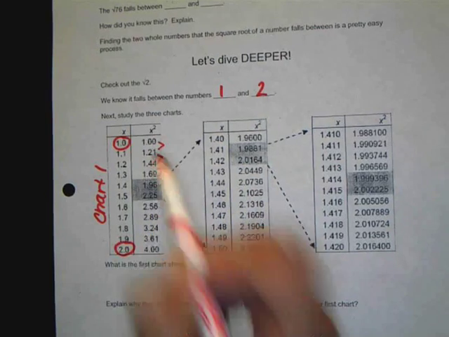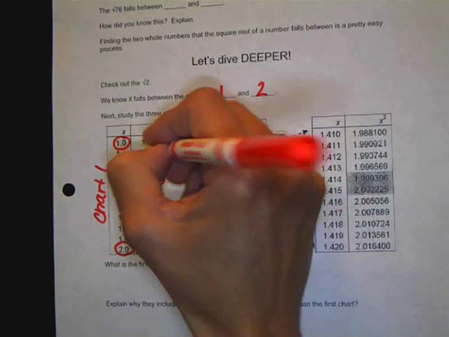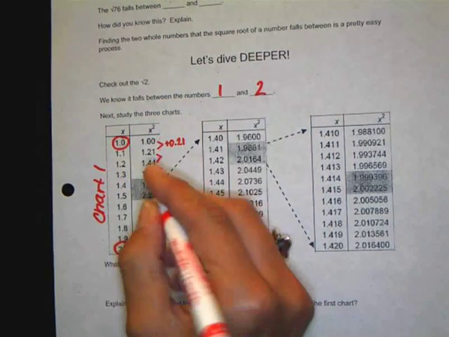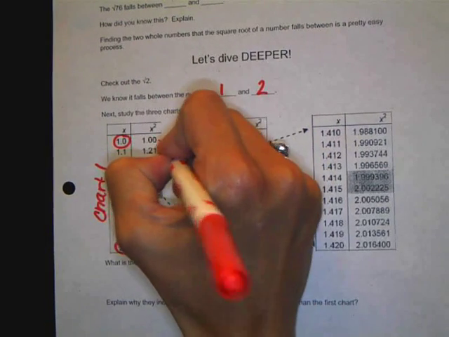Between 1 and 1.21, what's the difference? 0.21. So we're adding 0.21. Between 1.21 and 1.44, what's the pattern there? 0.23. You're exactly right.